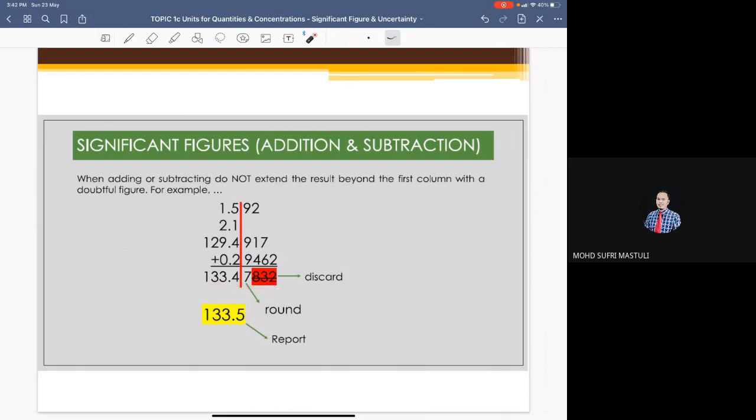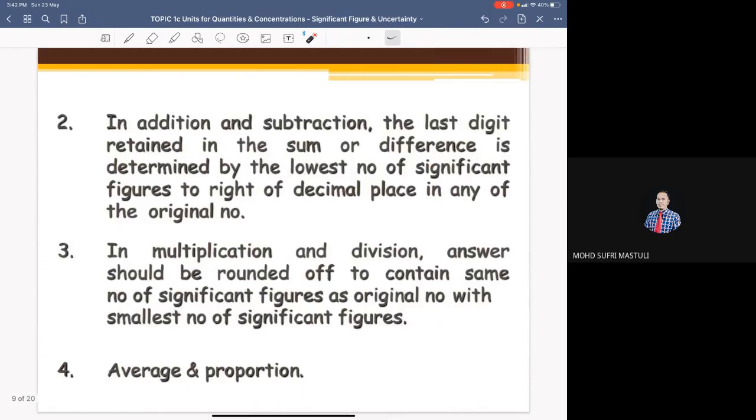133.47832. The numbers before the decimal point are significant, and then for the addition, the last digit retained in the sum or the difference is determined by the lowest number of significant figures to the right of the decimal place in any original number.